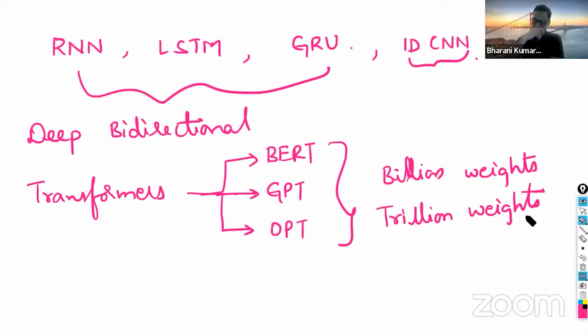And to train trillion weights would mean probably billions of dollars. Unless we have huge funding from the governments and from the universities, this cannot be achieved. Of course, universities are once again funded by government. And these kinds of models are revolutionizing the way we deal with text.